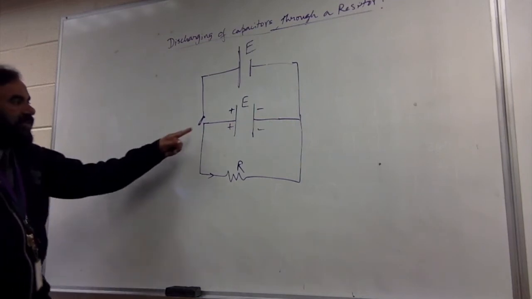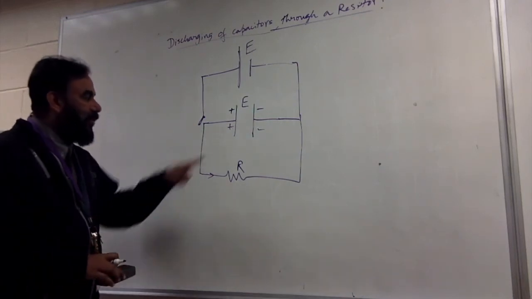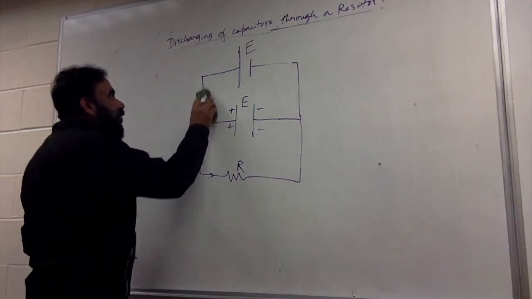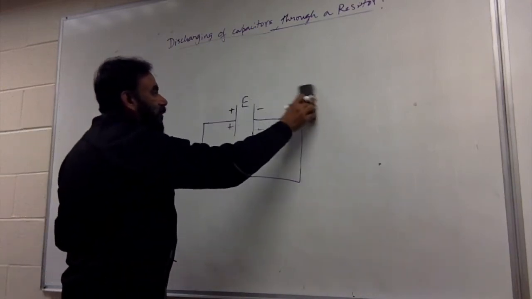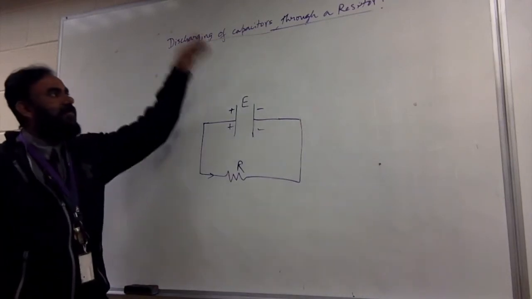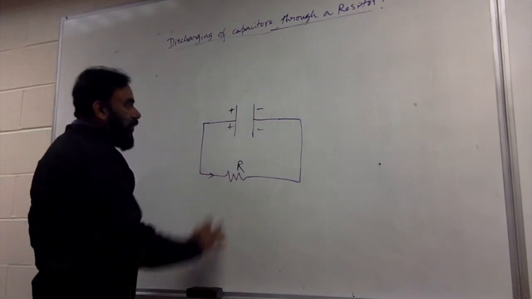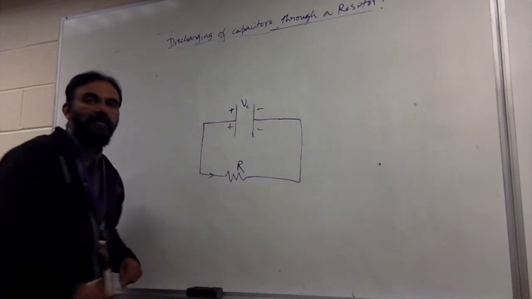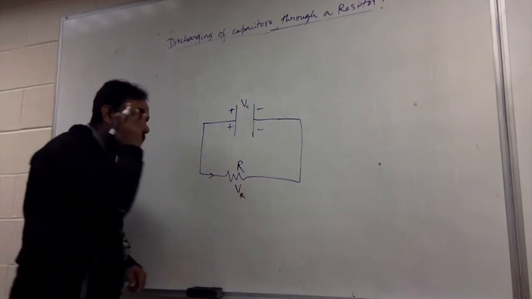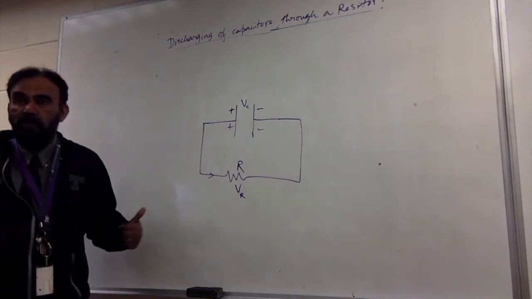Now, when you disconnect this switch, all you have is this. I'm removing it so that you'll see it better. When I disconnect the switch, the EMF is gone. Now this capacitor will have a voltage across itself, and this resistor will have a voltage across itself. So what is happening to the capacitor from now on?